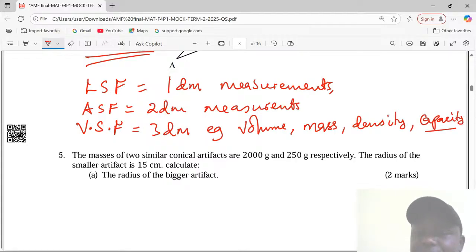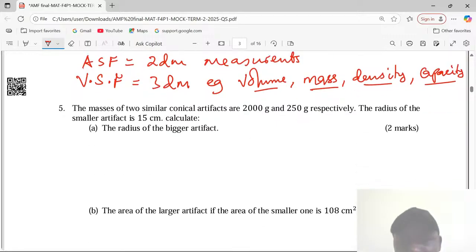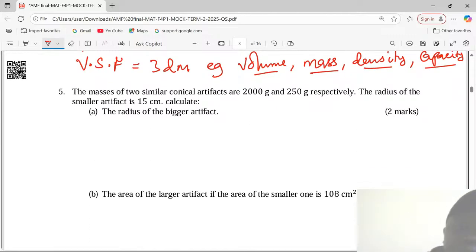So capacity, density, mass, and volume are measurements in 3 dimensions. They are not linear measurements, and they are not 2-dimensional measurements. And in this case, as we handle number 5 now, the masses will give us volume scale factor. So volume scale factor equals 2000 out of 250.